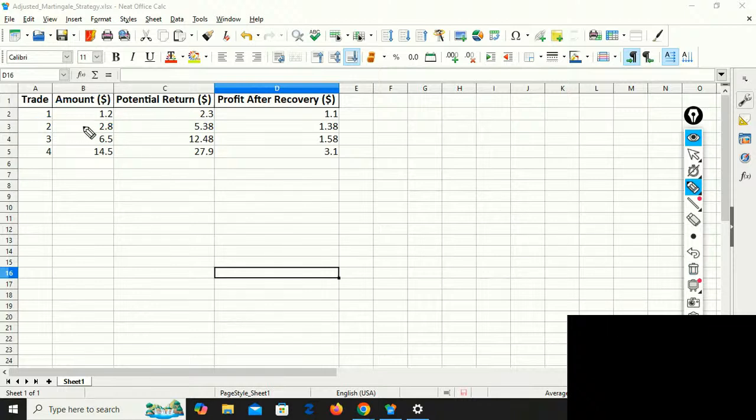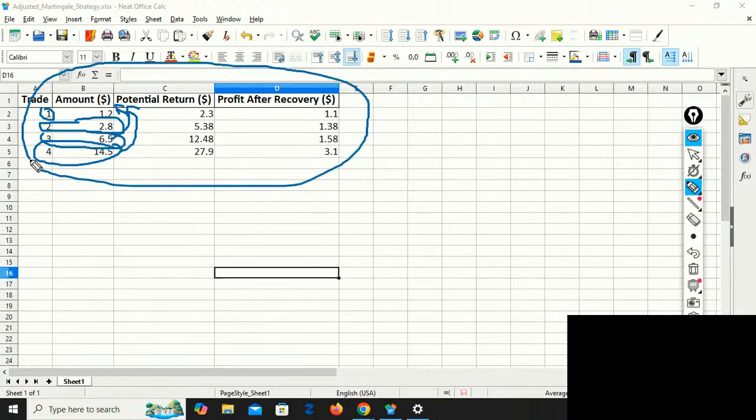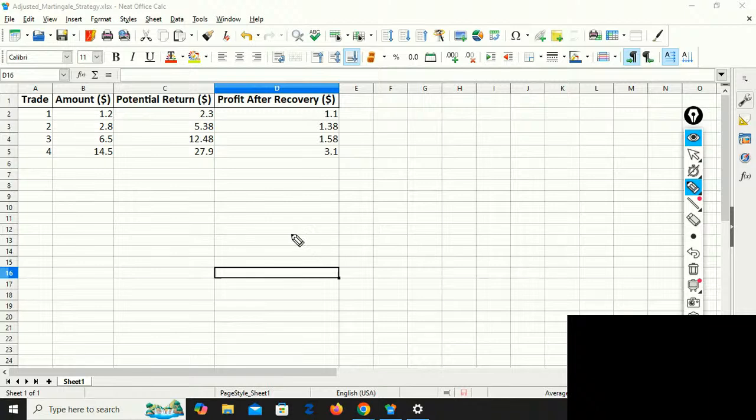If you lose, you go to step 2, to trade 2.8. If you win, you go back to 1. If you lose, you go to the third trade amount, 6.5. If you win, you go back to 1. If you lose, you go to your fourth. And if you win, you go back to $1 trades. So this is your trading cycle. Whenever you win, the cycle ends. You go back to step 1.